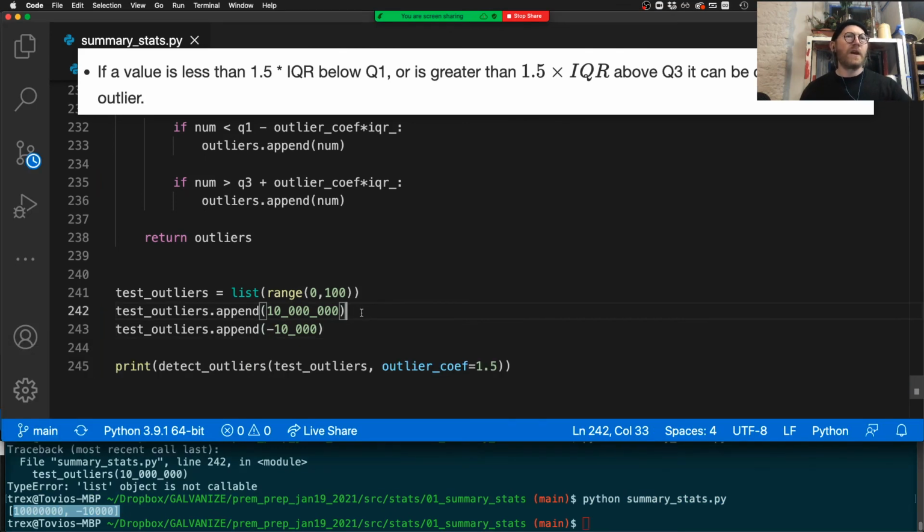as outliers. You know, what if we want to, just offhand spitballing, how big of an outlier coefficient would we need in order to include negative 10,000? What do you think about that?